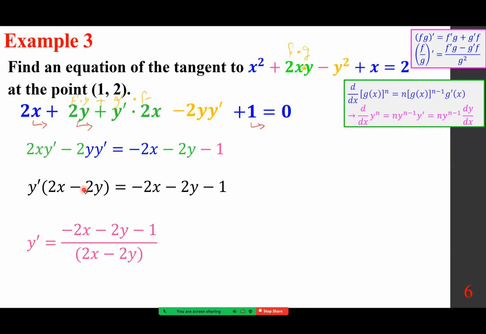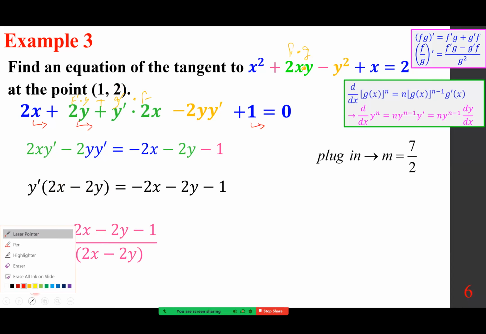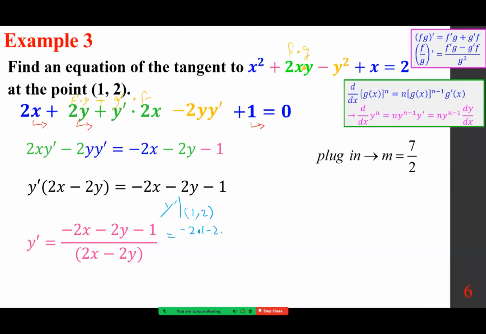To find m, we have to plug in. So plug in what? The pair. So I'm going to write with this type of notation, y prime evaluated at 1, 2 will give us minus 2 times 1 minus 2 times 2 minus 1 over 2 times 1 minus 2 times 2.